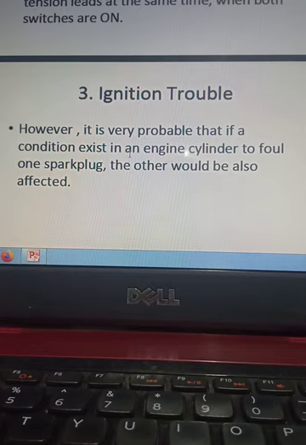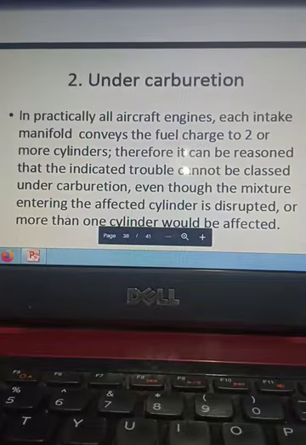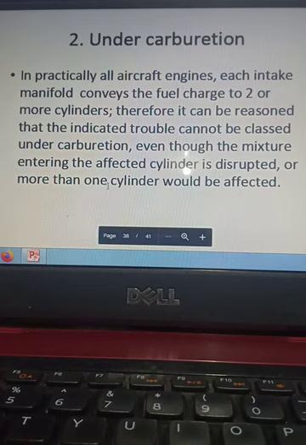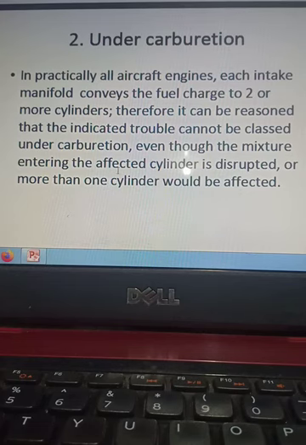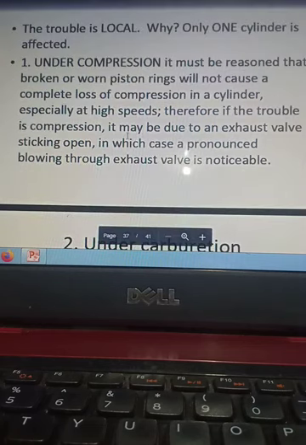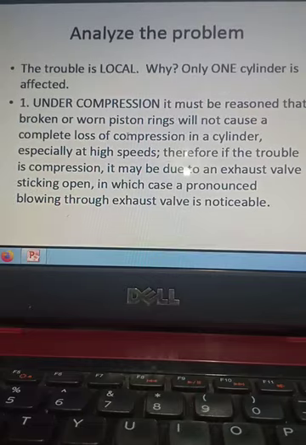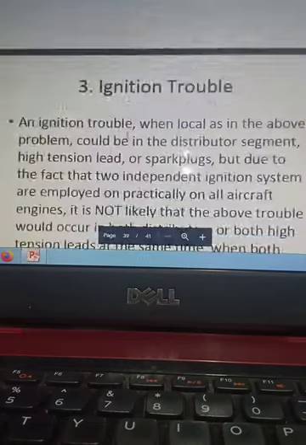Meaning, in that example, the problem is under compression trouble: the exhaust valve is sticking, always open, under local.